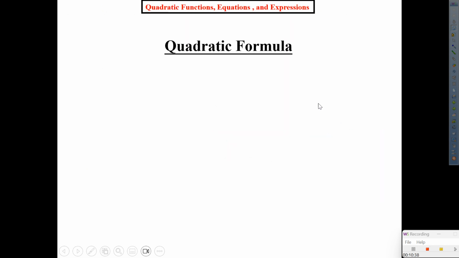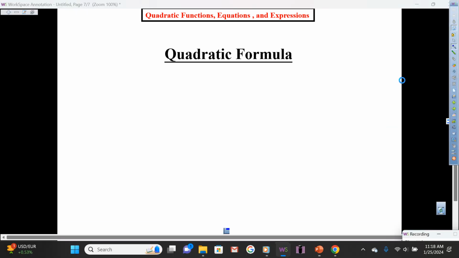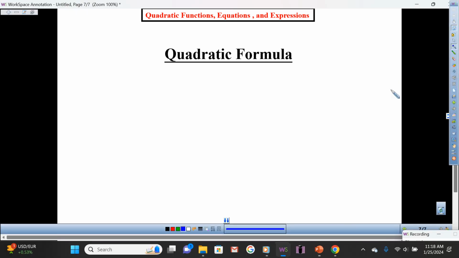So that took us to the quadratic formula. Without looking at your notes, remind your neighbor the quadratic formula. Then we'll have Brandon enlighten us. All right, Brandon Doherty, go.